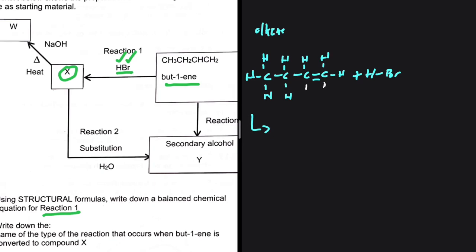The hydrogen is going to go to the carbon with the most number of hydrogens already. If you look at our situation, this first carbon here has 2 hydrogens and the second one has 1 hydrogen. So the hydrogen is going to go to the carbon with the most number of hydrogens. That is Markovnikov's law. So let's go ahead and have our product now.